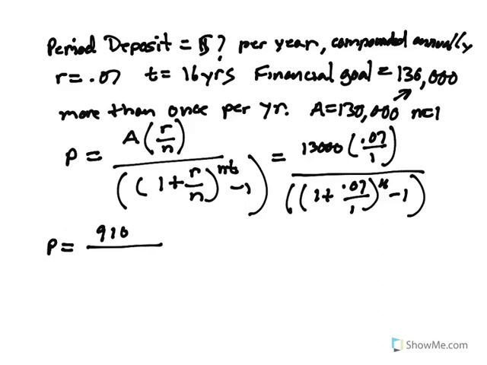And then we'll do the bottom. If we do 0.07 divided by 1, we still get 0.07, plus 1, which is 1.07.